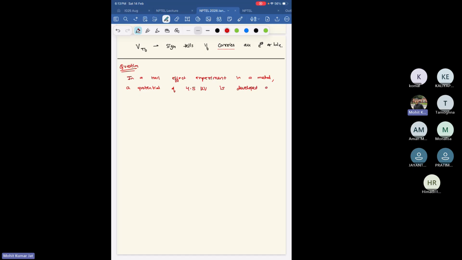This is a very small voltage. If you see, it's only microvolt, but that's enough to tell us the number of carriers in the system, what their charge is, all those things it can tell.